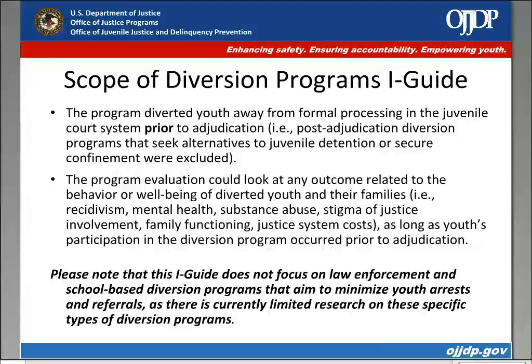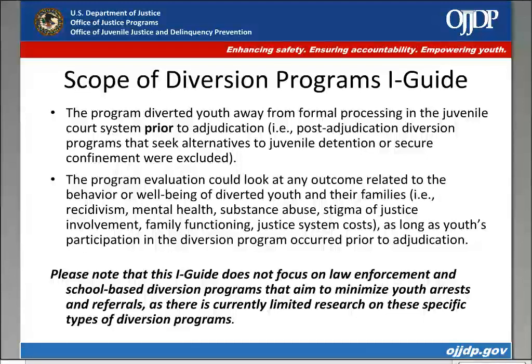So given those 2 types of programs, in terms of the scope of what we included in the Diversion I-Guide, we only looked at programs that were pre-adjudication, where the youth were diverted away from formal processing prior to adjudication. Any post-adjudication diversion programs that were alternatives to detention or secure confinement were not included in this I-Guide.